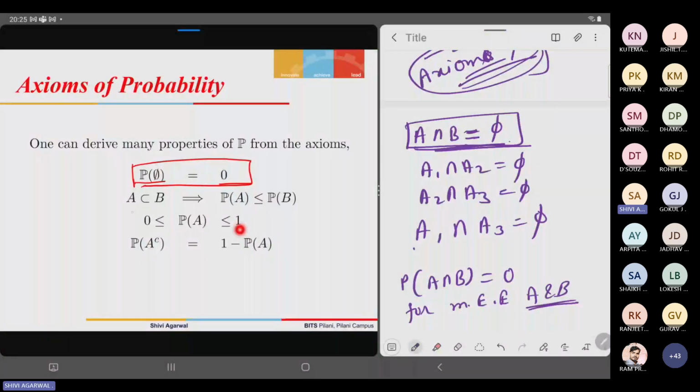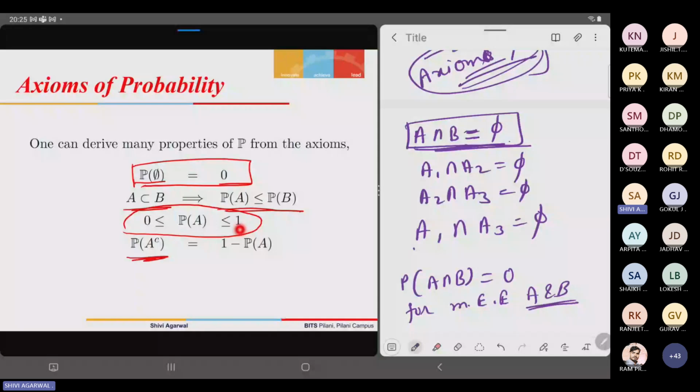If A is a subset of B, then the probability of A is always less than or equal to the probability of B. The probability of A is a real number, so we can't say it is a subset, but A and B are sets. You know very well that the probability of A is always between 0 and 1.